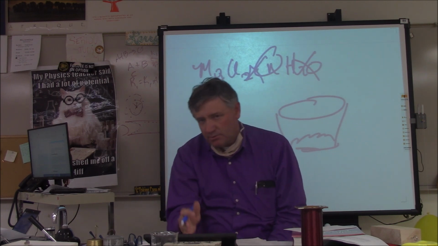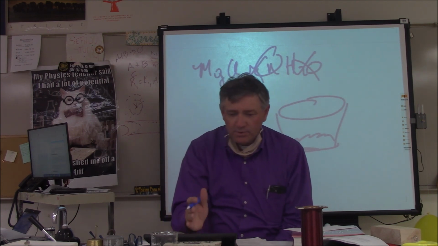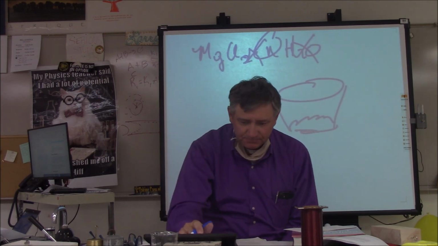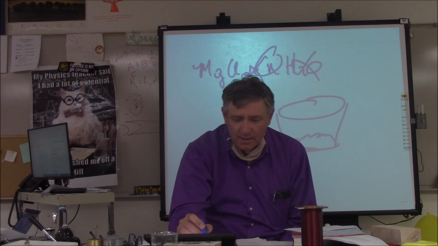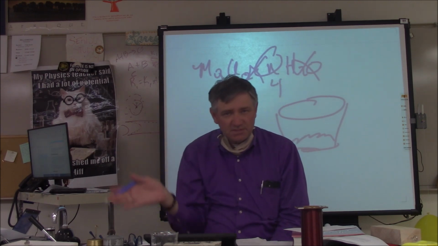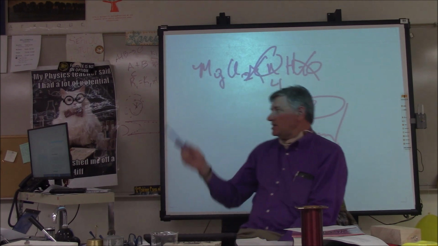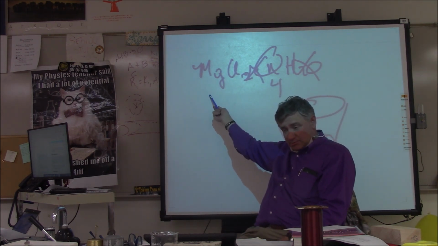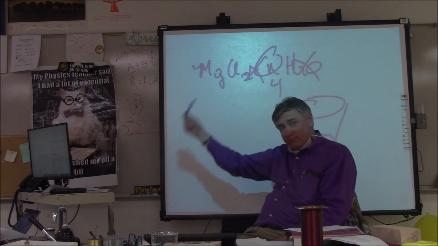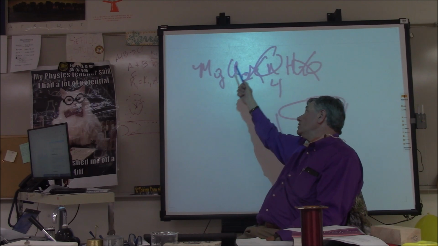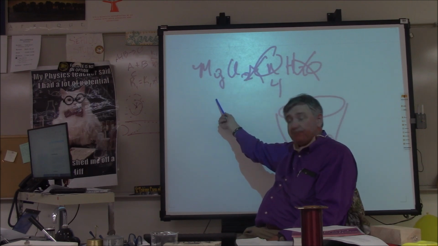chloride, you're losing water. What you're trying to figure out, and this is a bigger truth, is that this is either, let's say it's 4, whatever it works out to be. That means you have 4 molecules of water for every 1 magnesium chloride. It also is a ratio of moles, so 4 moles of water to 1 mole of magnesium chloride.